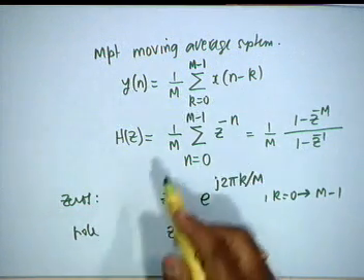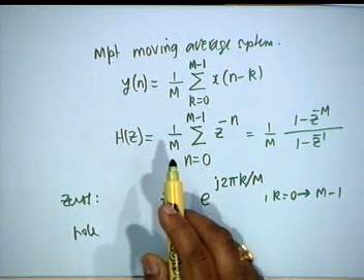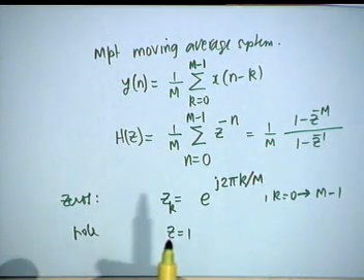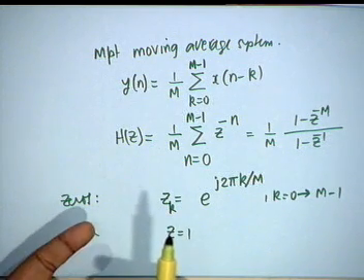To determine the frequency response, which you have already done and discussed, you just put z equal to e to the j omega, and then put it in the form of sine by sine and an angle and carry out the rest of it.